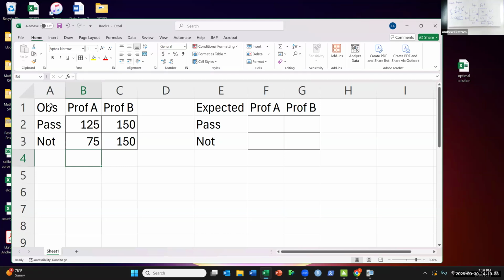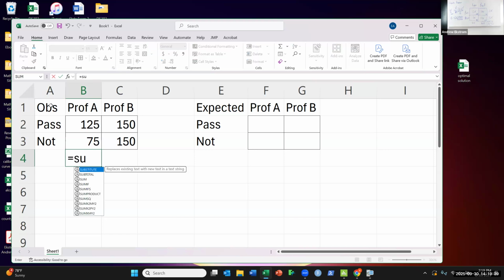So to make it as generic as possible, down on the bottom here, I'm going to say equal sum, and then open parentheses. And then I can highlight the area that I actually want to look at. And then I can close the parentheses.